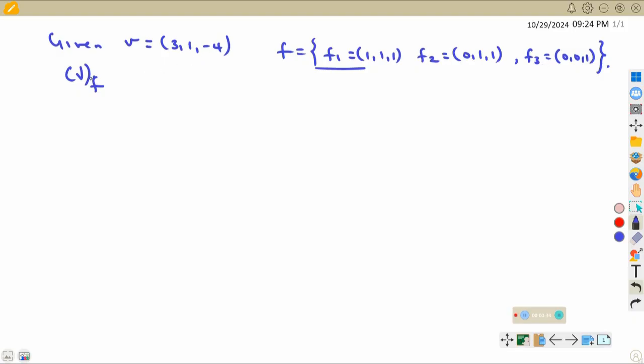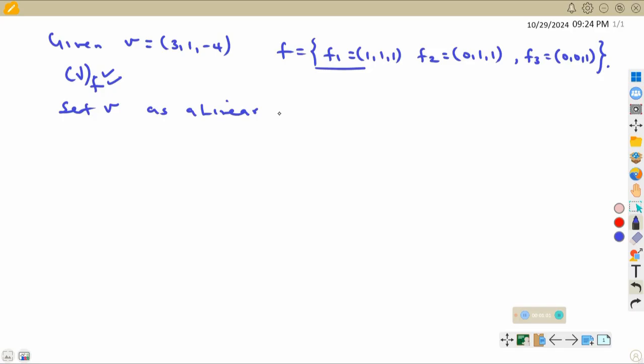So for this case, we are considering v with respect to the unordered basis, which is F. We need the coordinate vector of this. As we have seen, we need to first of all set v as a linear combination of these F's. So we shall set v as a linear combination.